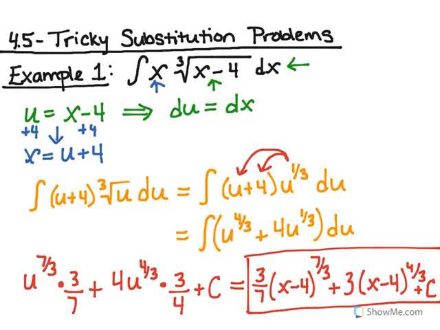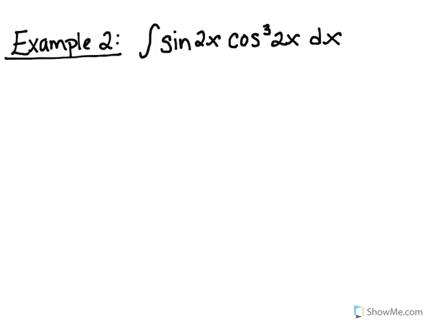Now let's take a look at a tricky substitution problem involving trigonometry. So here we have to find the antiderivative of sine 2x times cosine cubed of 2x dx. What are we going to choose for u here? Now what I notice is I have this exponent here, which means I really have the cosine of 2x quantity cubed.